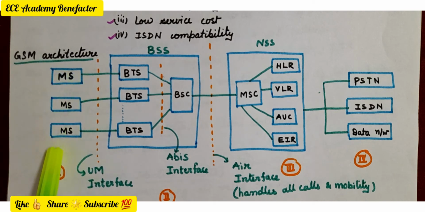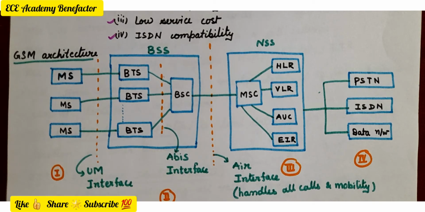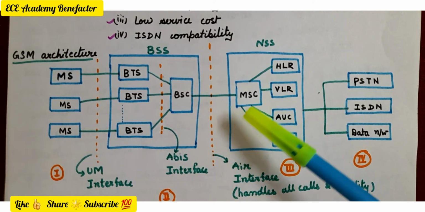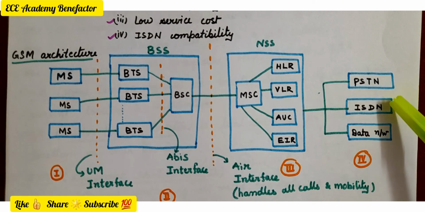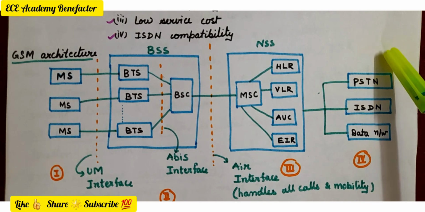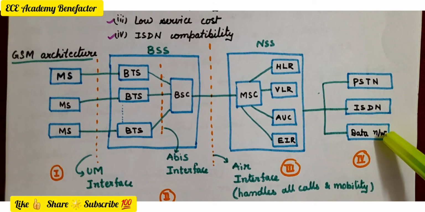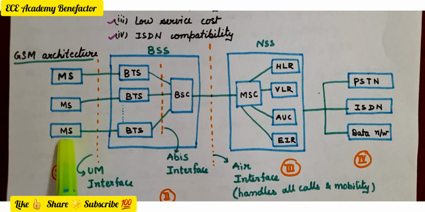Coming to the second section, it is known as BSS. BSS is an equipment. Then the third one is NSS, and the fourth one is the public network, which can be PSTN, ISDN or data network. So, the first section has all subscribers or users, the mobile stations.